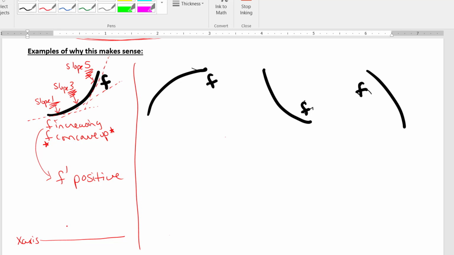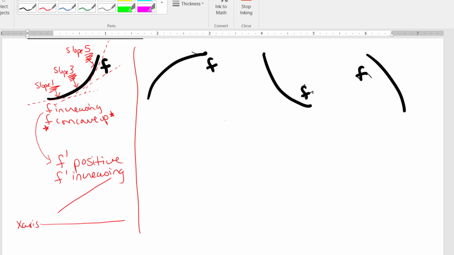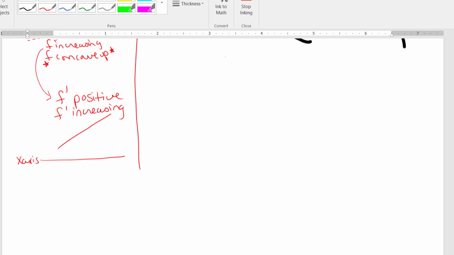So when I draw f prime, it is positive, but it's also going up. F prime is positive, f prime is increasing. So here's a possible graph of f prime. It's above the x-axis and it's increasing. Let's take this one more step.